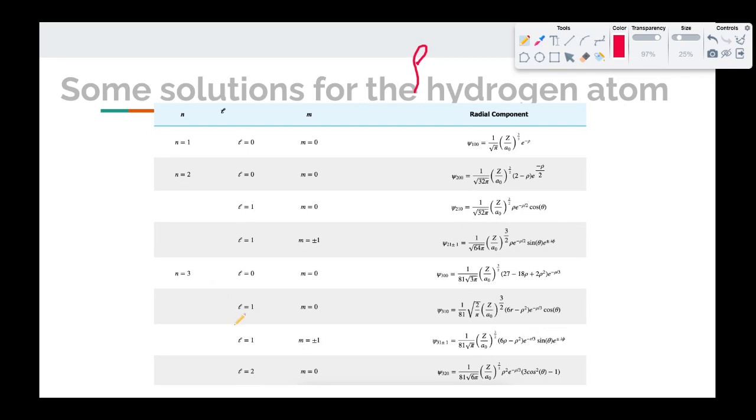And when n equals 3, L equals 1, m equals 0, again, it's all constants except for rho and theta, so it only depends on the radius and how far above the xy plane you are. And then when m is either plus or minus 1, we're back to it depending on r, theta, and phi, all three dimensions.